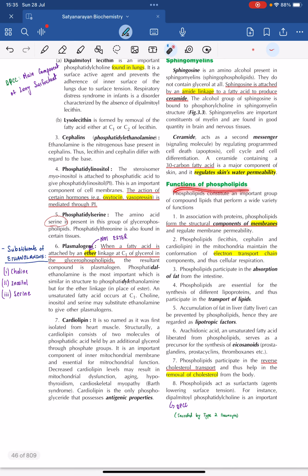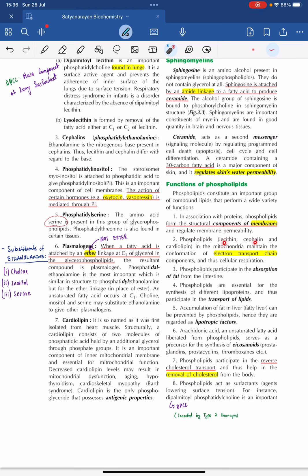Talking about the functions of phospholipids, phospholipids constitute an important group of compound lipids that perform a wide variety of functions. First, they form the structural component of membranes, as phospholipids are the primary component of the membranes, and they also regulate the membrane permeability.